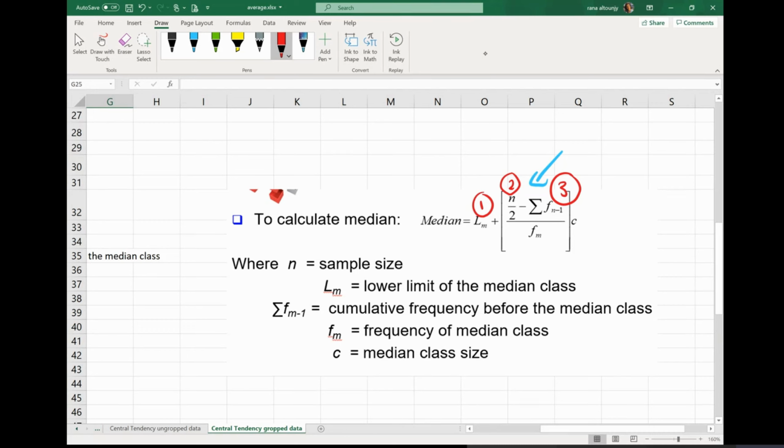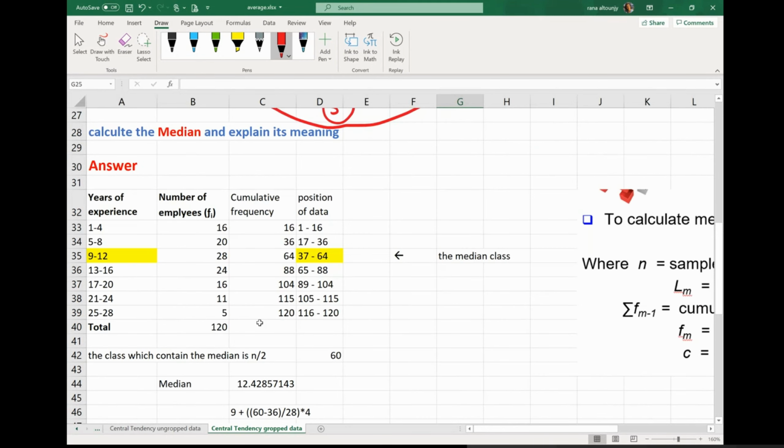And C is the median class size. To calculate the median for grouped data, we need to find those five numbers. But first, we need to find the median class, because all of this information is related to the median class.